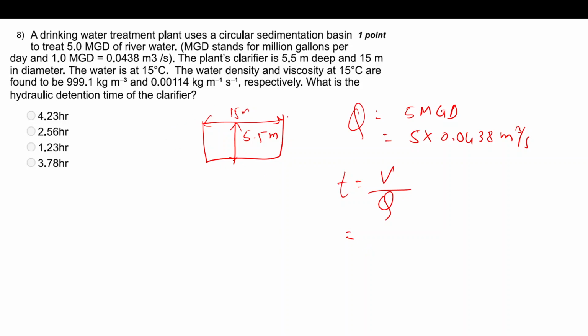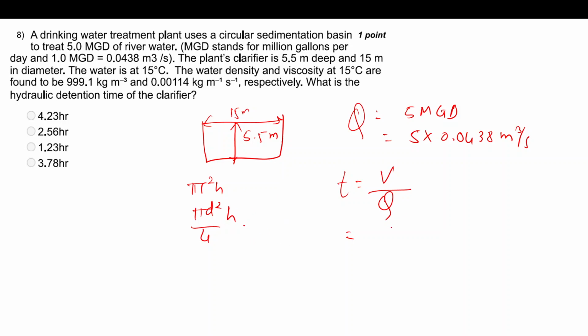Considering this clarifier as cylindrical, the volume of this tank will be pi r square h, or pi d square by 4 times h, where d is the diameter and h is the depth.